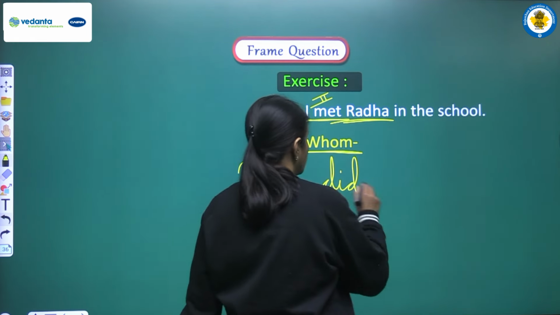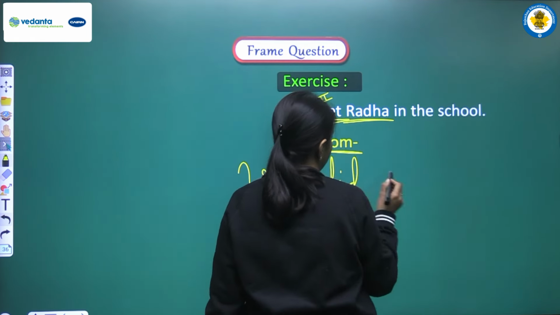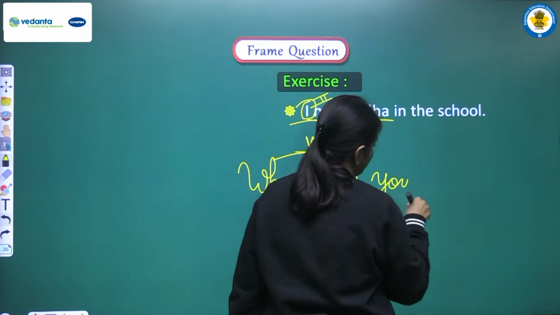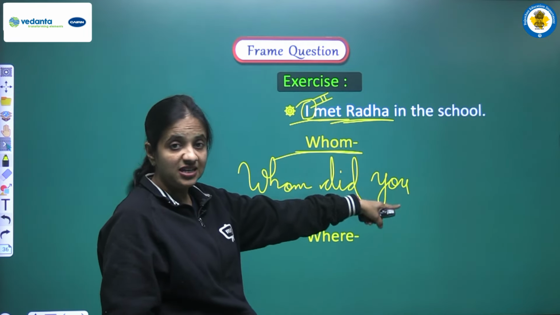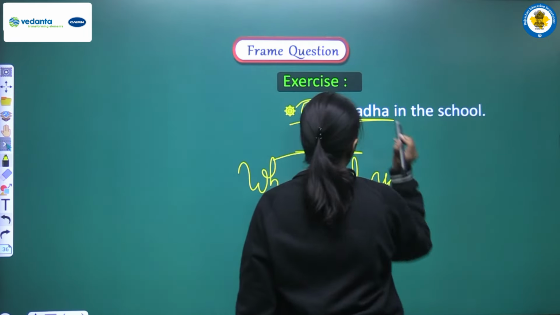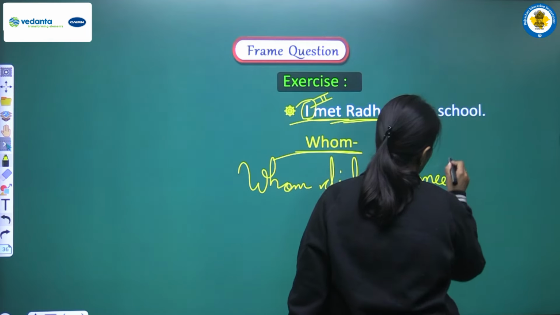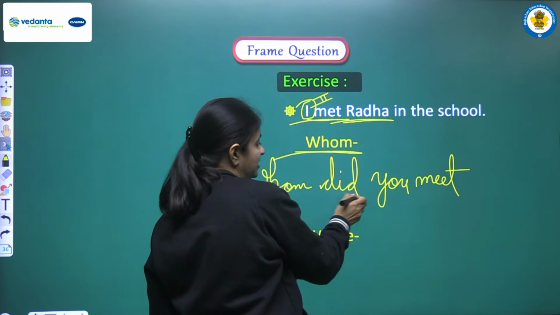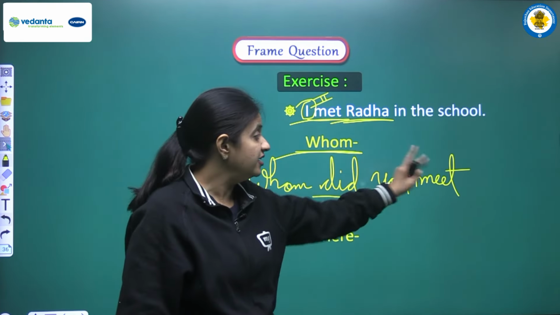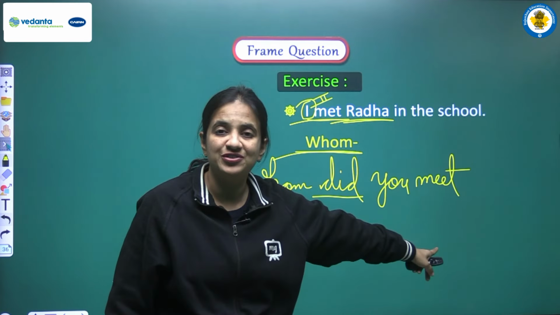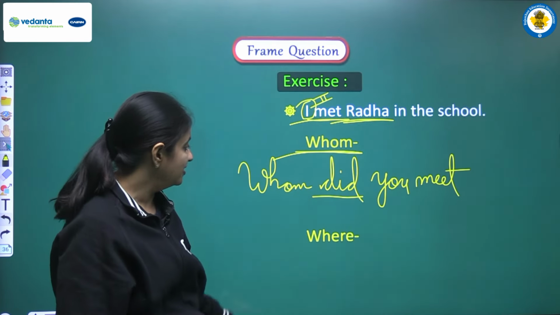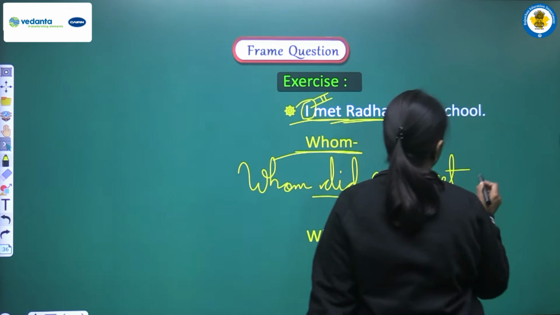So the answer is, I met Radha in the school. The question will be, whom did. Now it will be you. I hope it is clear, because we have to change the pronoun accordingly. Now met we have to write as meet. Why? Because in an interrogative sentence when did is there, with did we have to write the first form of the main verb. So I am writing here, whom did you meet in the school?